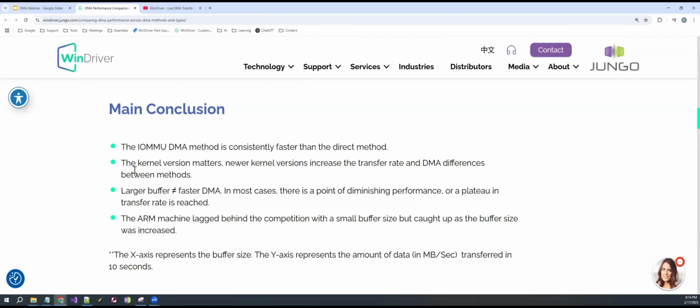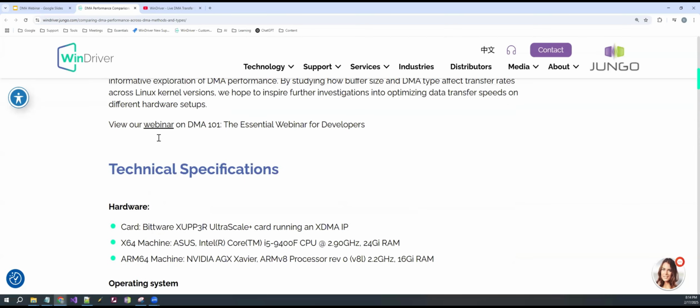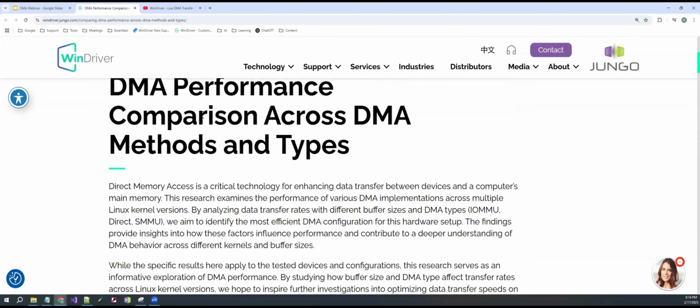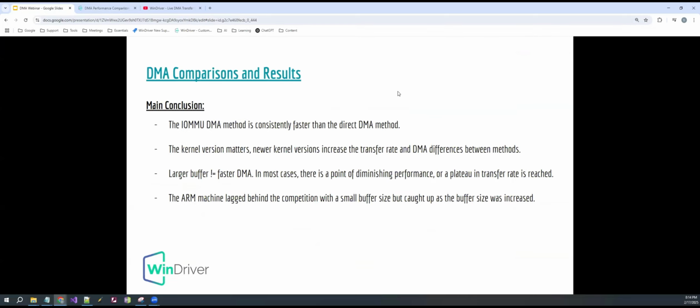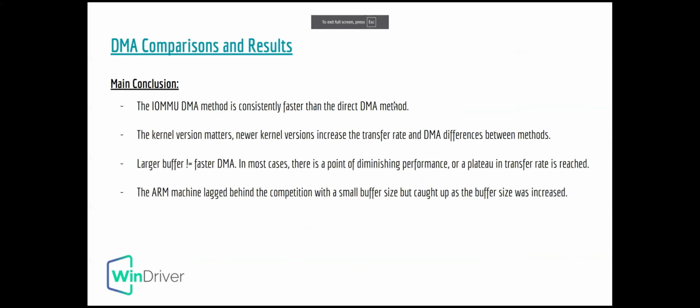If you're interested, we have two accompanying blogs regarding polling versus interrupt, and scatter-gather versus contiguous, elaborating on these types of DMA. You can find them on our website. I don't want it to take too much time from what's left.